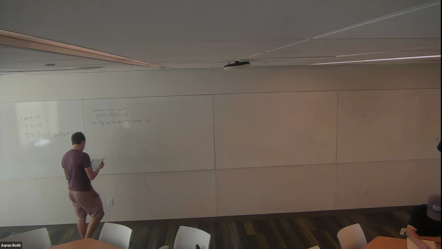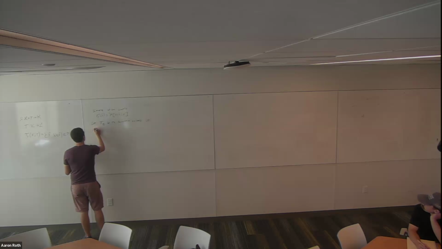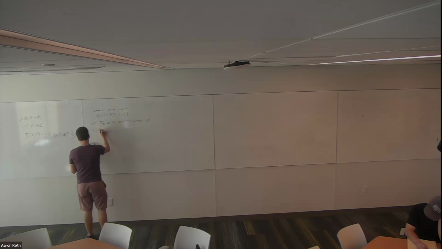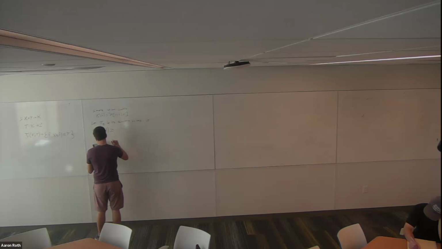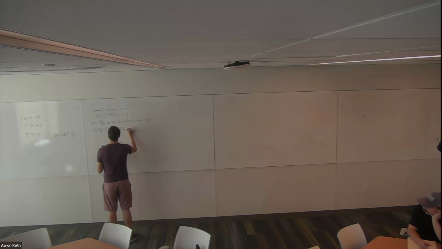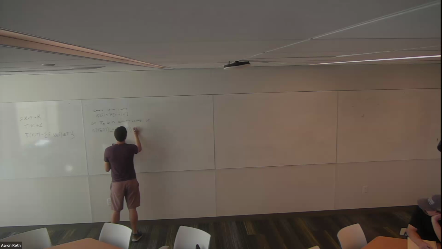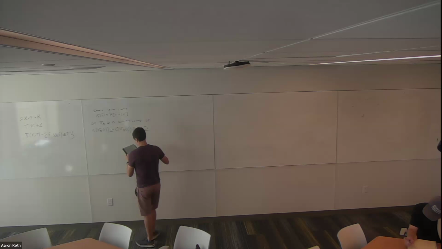So it's the permutation such that the probability of the first label in this permutation is highest, the probability of the second label is second highest, and so on and so forth, down to the probability of the last label.